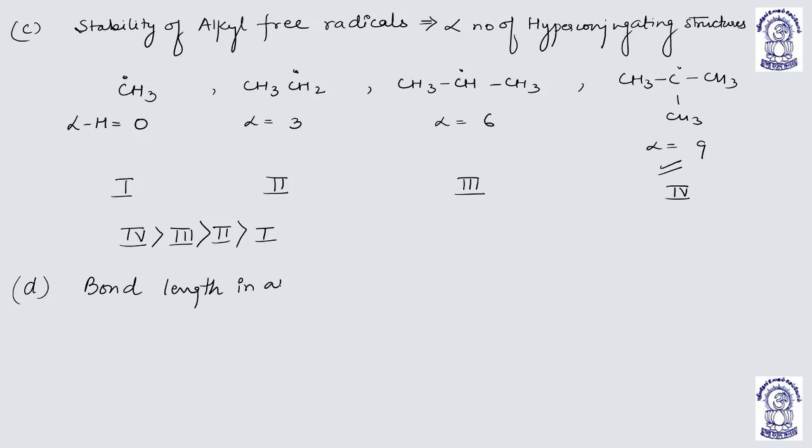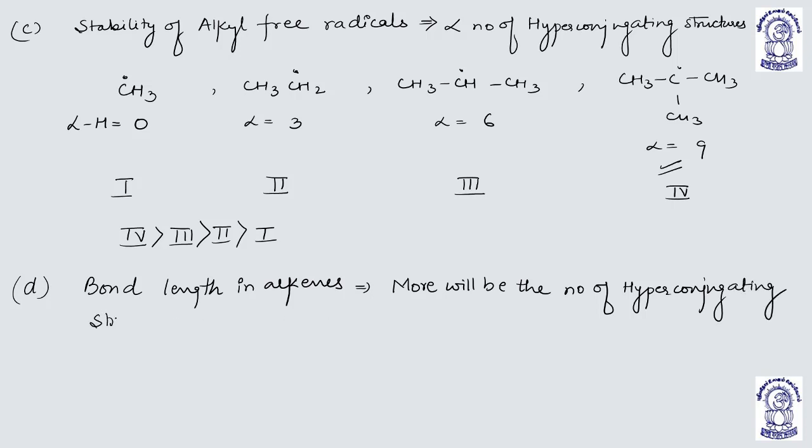Bond length in alkenes: more will be the number of hyperconjugating structures, more will be the single bond character in the carbon-carbon double bond.